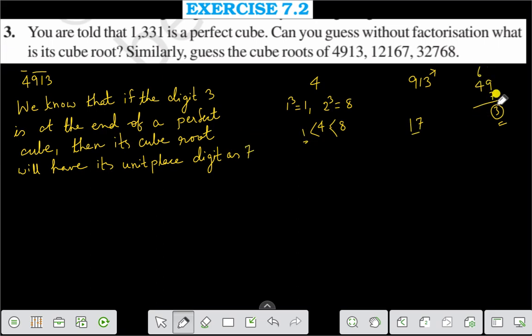Because you know that 7 times 7 is 49, and 49 times 7 is 343, you see the last digit is 3, right?